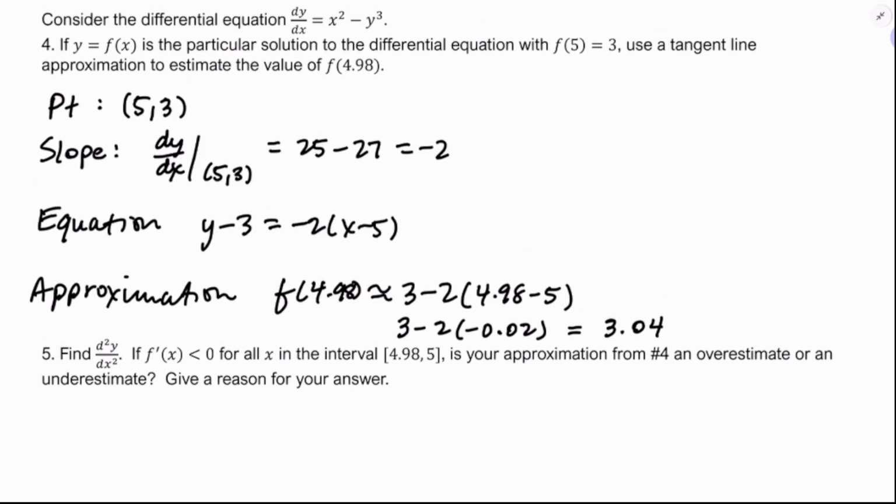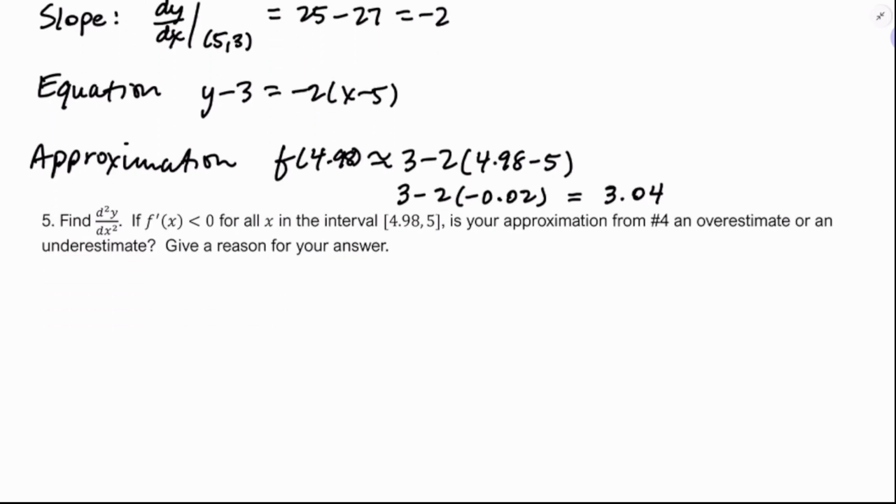Right, and then we're going to find the second derivative of y with respect to x both times, and I'm going to find it in terms of x and y only, because that's usually the prompt. And if f prime is negative for all x in the interval 4.98 to 5... Okay, anyway, find second derivative.